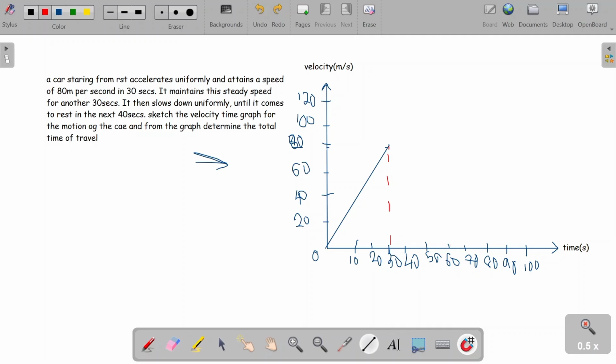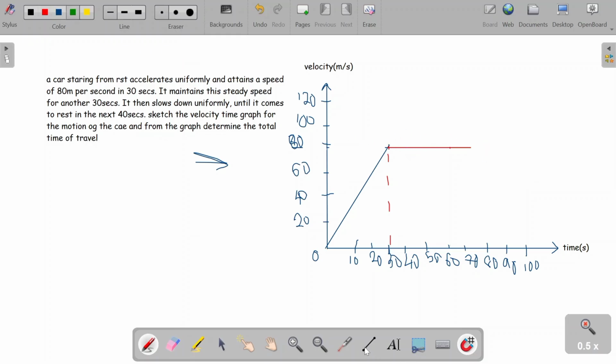So I'm going to stop at point 60, which is around here. I'm going to draw a line that connects that. Then we're going to clean this off. So it maintains the speed for 30 seconds.